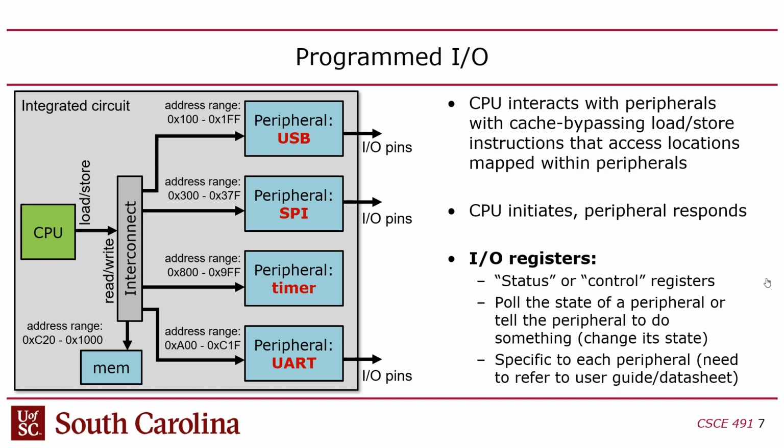And that's the reason why here, by the way, you'll notice that in this example, I have different ranges. So this USB peripheral has a range of 100 to 1FF in hex, right? This one has a range of 300 to 37F in hex, right? They all have different sizes. And then by the way, the RAM will have its own range, right? And actually on these chips, on the ESP32, there's multiple memories.